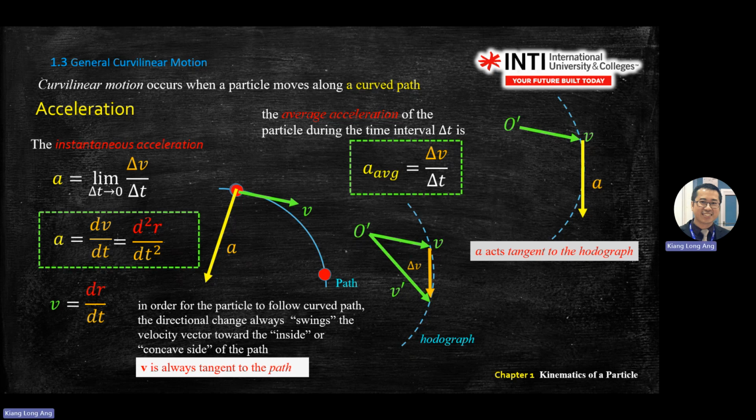Okay, and again, velocity is always tangent to the curve, and second, acceleration is always pointing inside the curve. Okay, how do you explain this phenomenon?